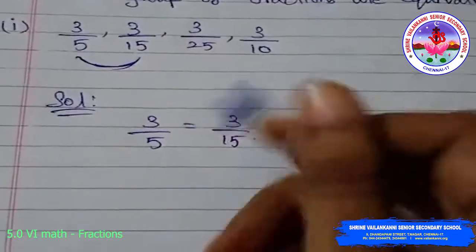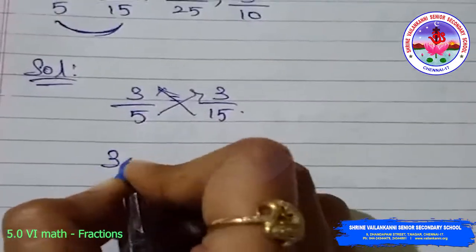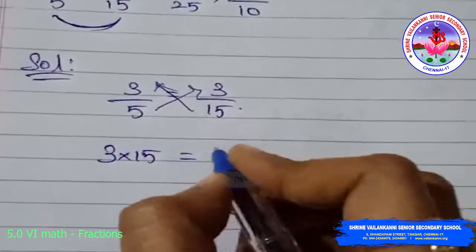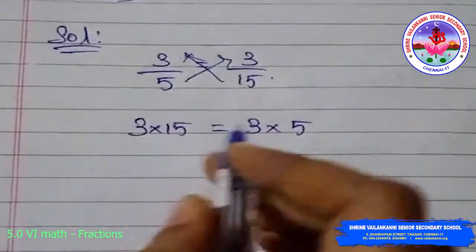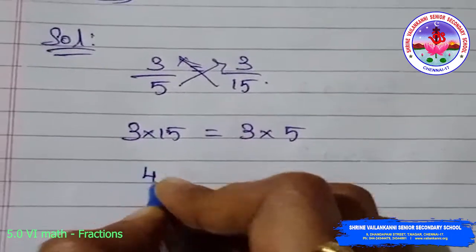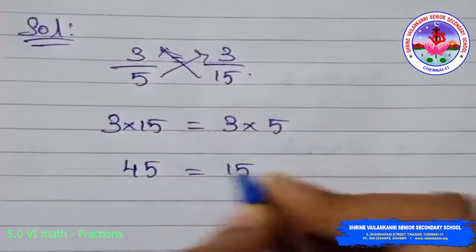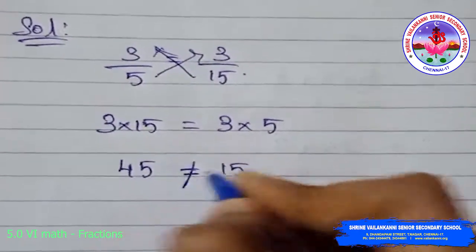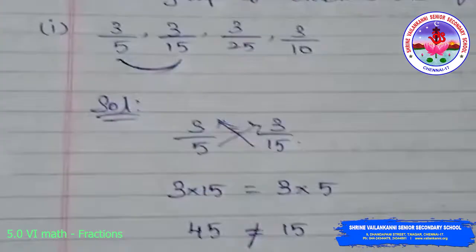Now check the cross multiplication of these values. 3 into 15 is equal to 3 into 5. 3 into 15, that is 45, is equal to 3 into 5, that is 15. So 45 is not equal to 15.